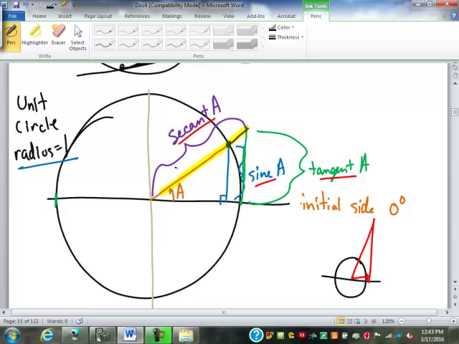So where on this picture is there an angle that's the complement of angle A? Right there, we'll call that angle B. It is the complement of angle A, isn't it? So what the cofunction does is it changes our reference axis. Our reference axis is now this one here.